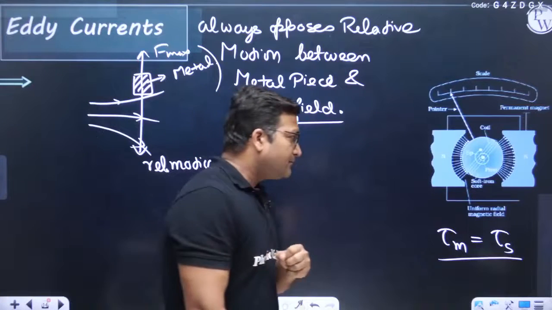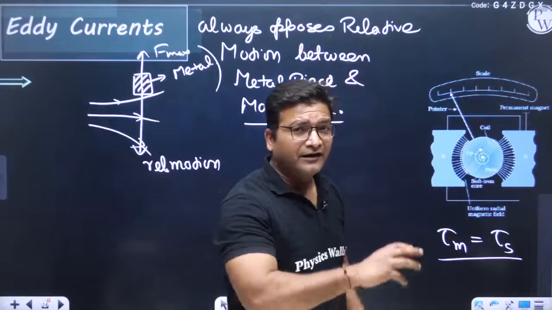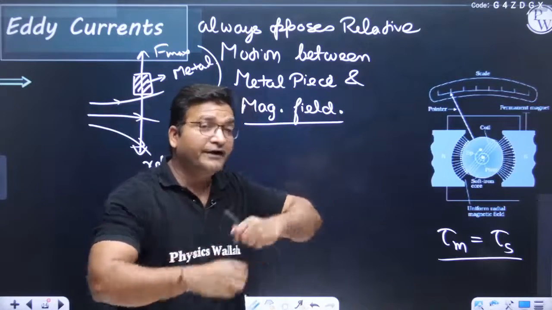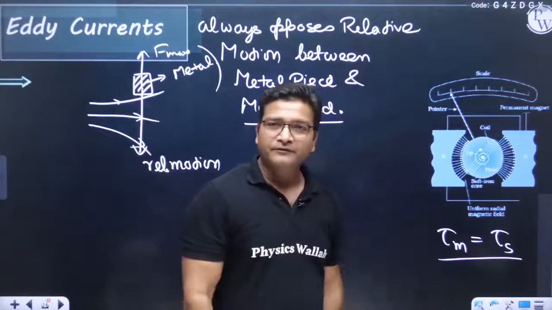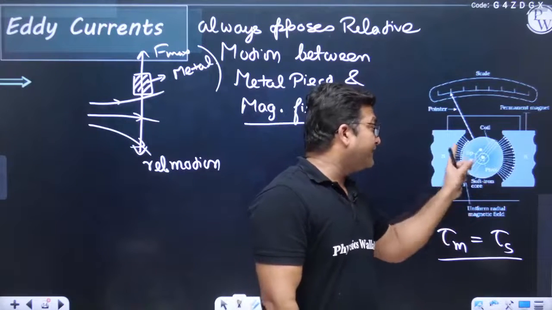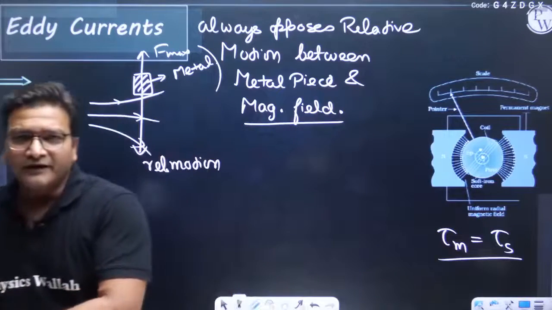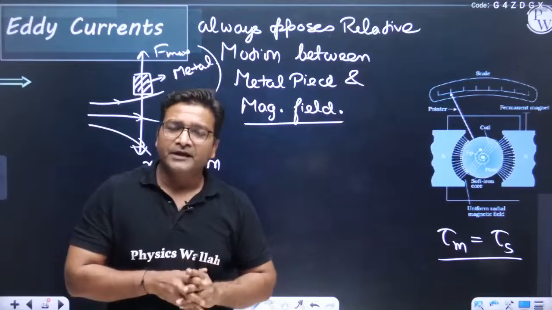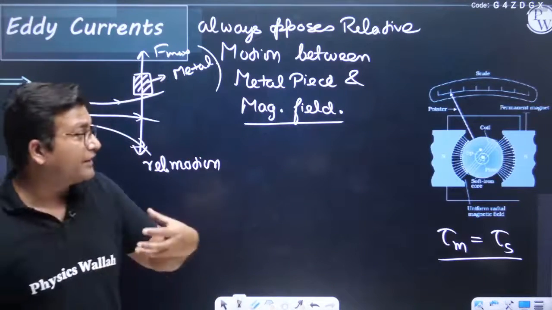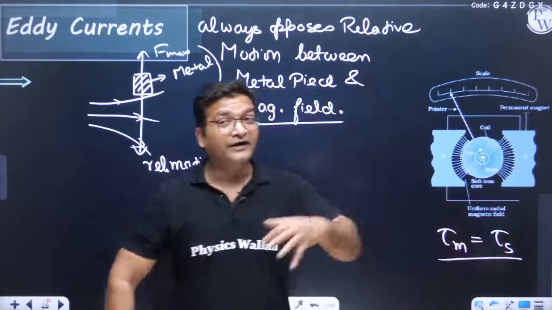How? When the coil moves, the soft iron core also moves along with the coil because the coil is tightly wound on this soft iron core. And when this soft iron core moves inside this magnetic field, there is relative motion between the soft iron core and magnetic field. That produces eddy currents, or induced currents, in this soft iron core, and they always oppose relative motion.